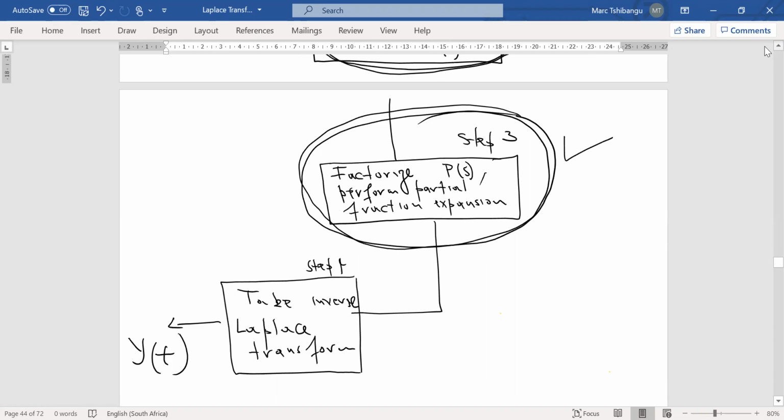Are you referring to a particular example, or you've got your own example in your mind? I can refer to an example. Is it the example that we've just done, or another example? Okay, it's an example. Let me check. I think it starts at 3.